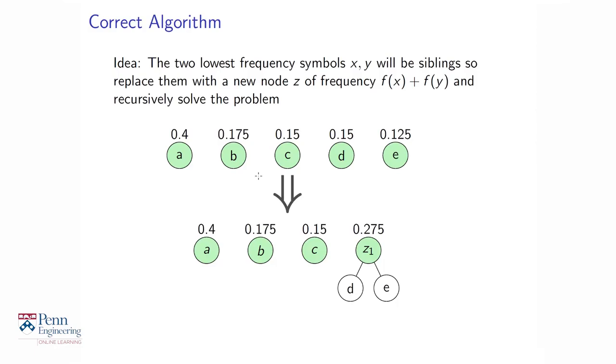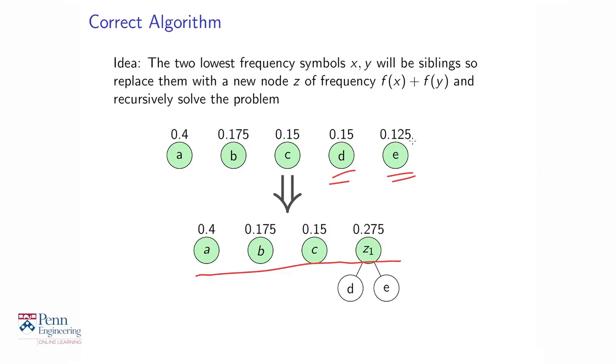So in this example here, we are given 5 symbols. The 2 least frequent symbols are D and E. We just broke a tie between D and C arbitrarily. So D and E are the 2 least frequent symbols. And what we're going to do is recursively solve the problem on 4 symbols, where we've replaced D and E by a new symbol, let's call it Z1, whose frequency is now the sum of these 2, which is 0.275.